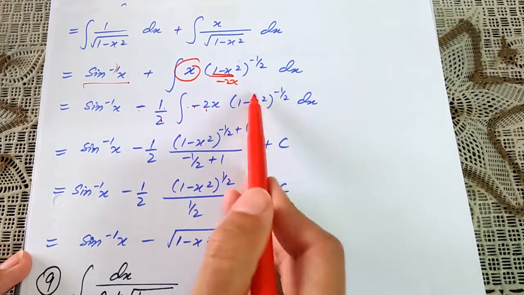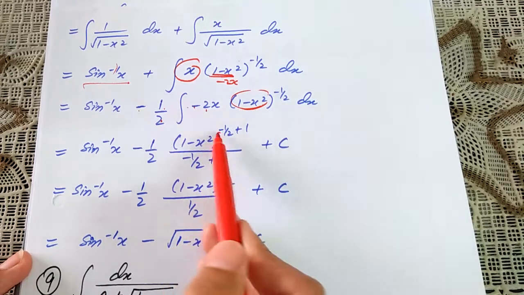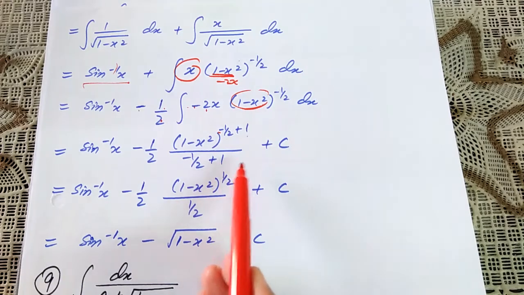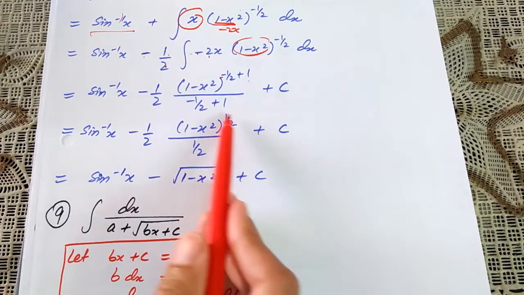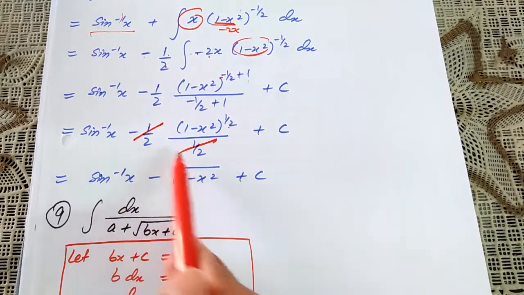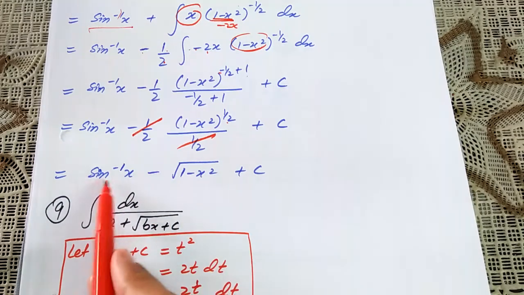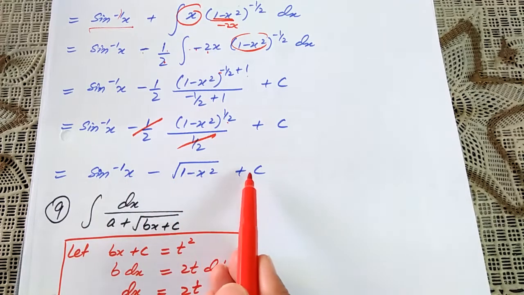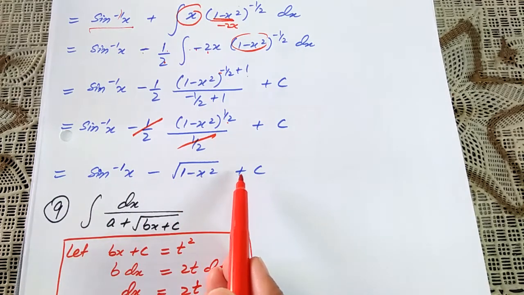Now this function has its derivative with it, so we can add 1 to the power and divide by it as well. Simplifying the powers, we get 1 by 2 divided by 1 by 2. This 1 by 2 cancels with that 1 by 2 and we get the answer: sine inverse of x minus square root of 1 minus x square plus c.